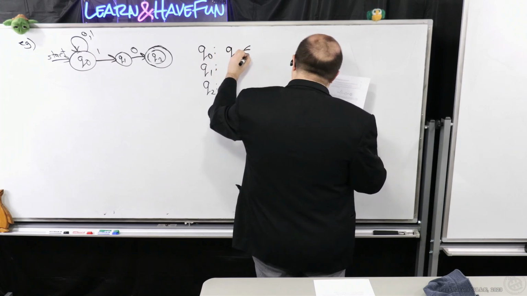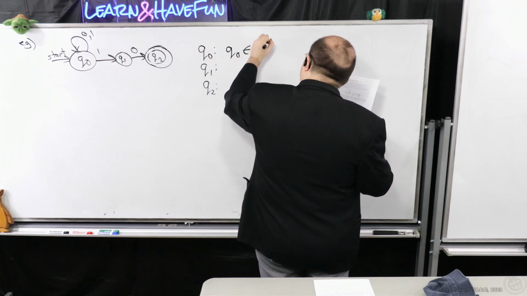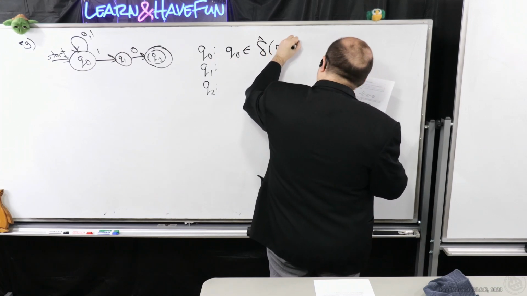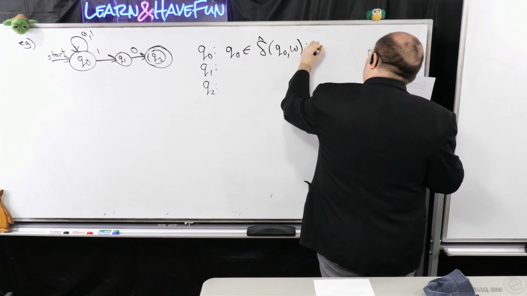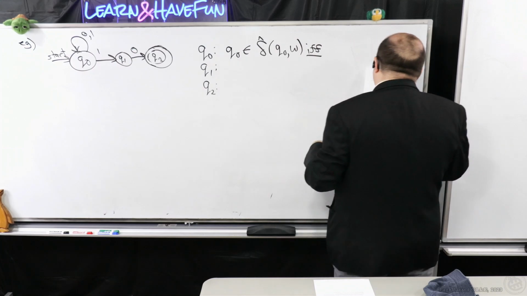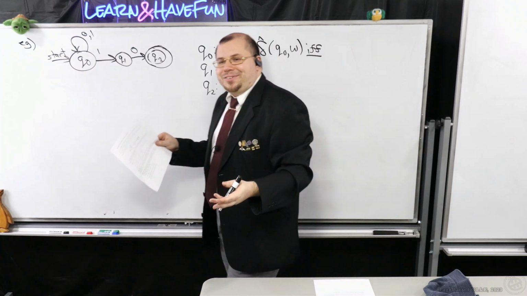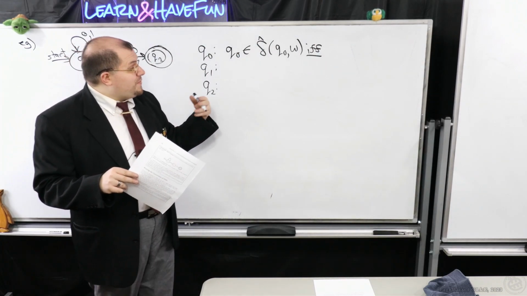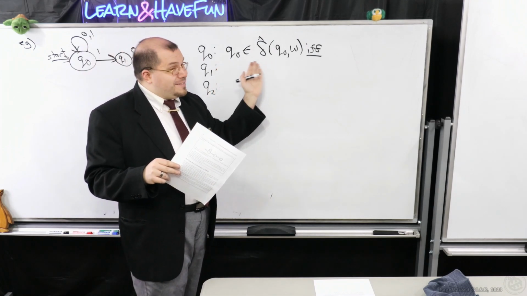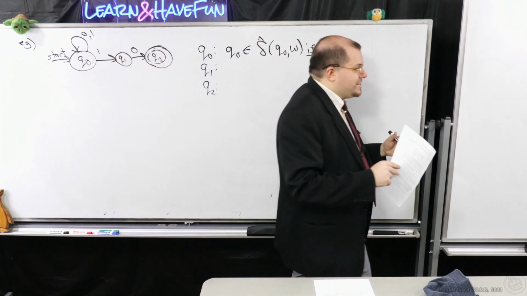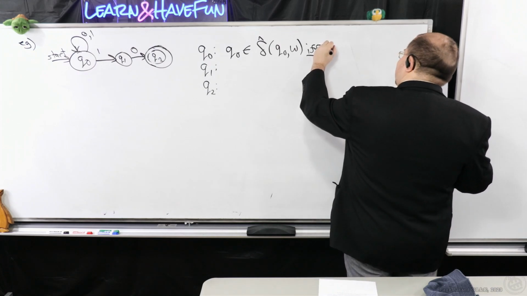So Q0 is in delta hat Q0 W if and only if what? W is a binary string, right? But you can even go further and say that Q0 is in here at all stages of the execution. But I'll just state it like this.